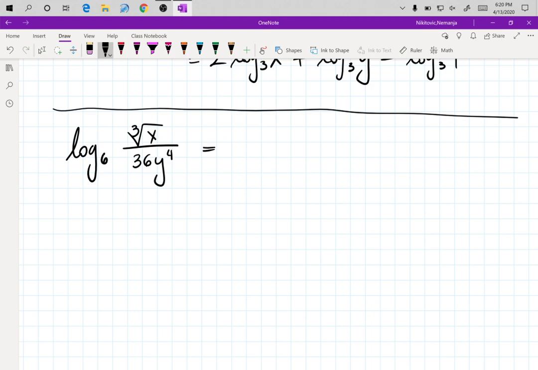So I'm going to do the negative first, right? So I have log base 6 of x to the 1/3. I hope you all know that the cube root is a 1/3 exponent. Minus log of 36y to the 4th. Now that's all one thing together.